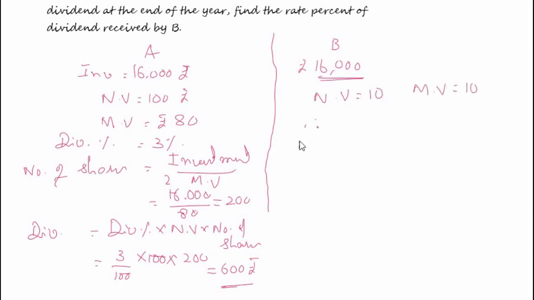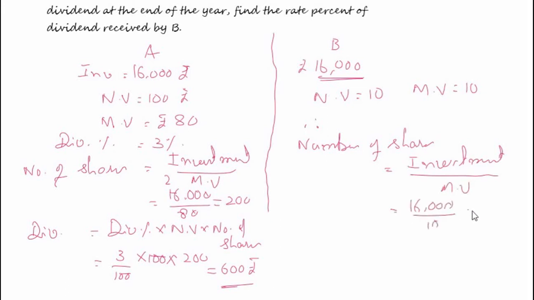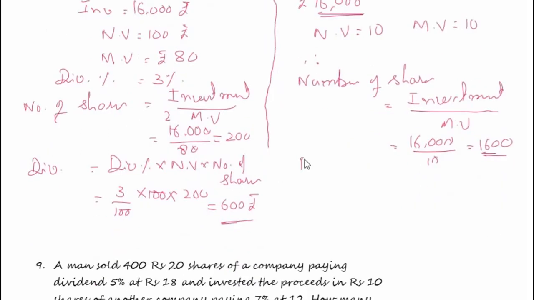So therefore number of shares is equal to investment divided by MV, so 16,000 divided by 10 is 1,600 shares. He gets 1,600 shares. But he also gets the same dividend as A. So what is the dividend? Dividend is 600.